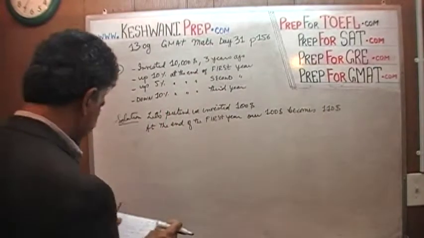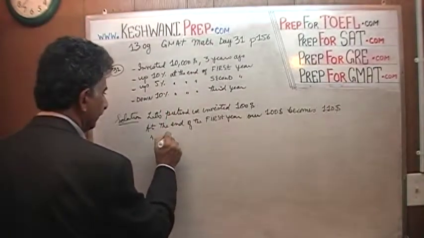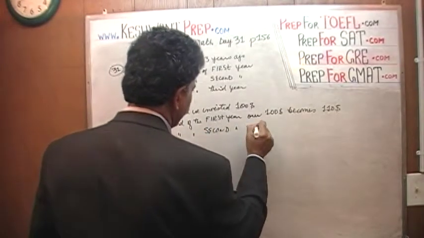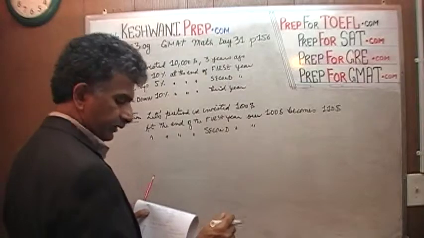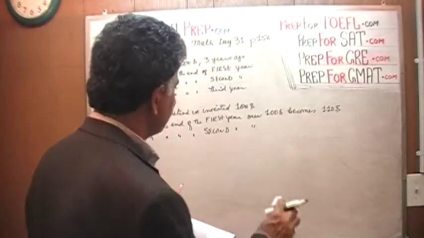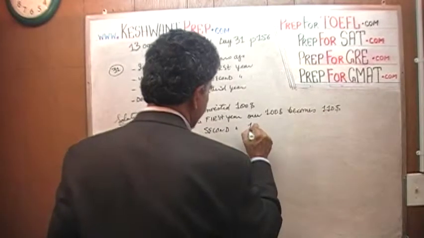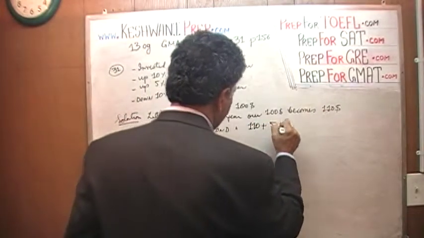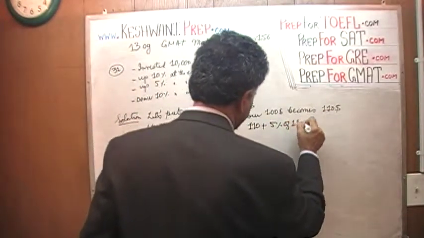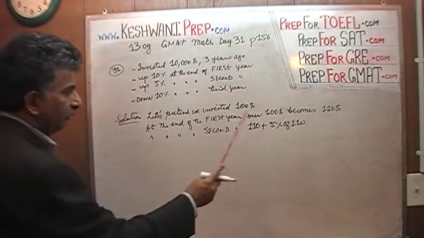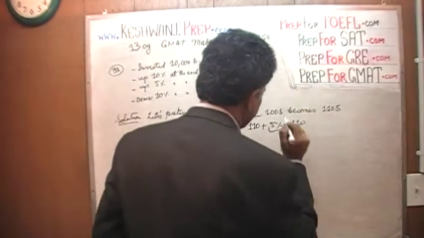The following year, at the end of the second year, we will have the $110 that we started out with plus 5% of $110. Because we are told that at the end of the second year the account is up 5%. So we just have to figure out what is 5% of $110.